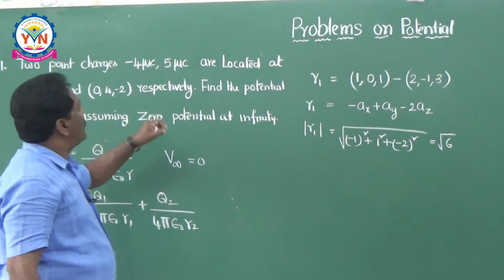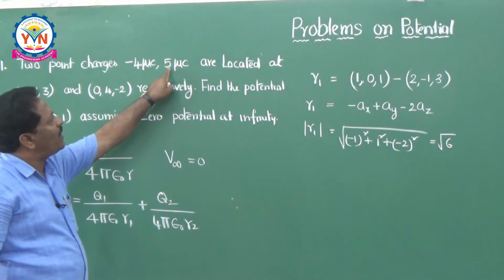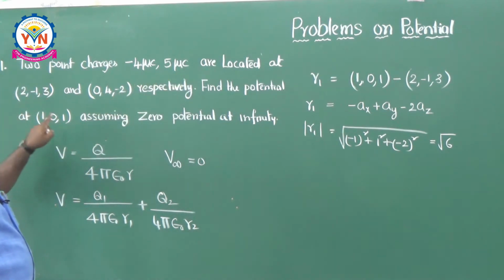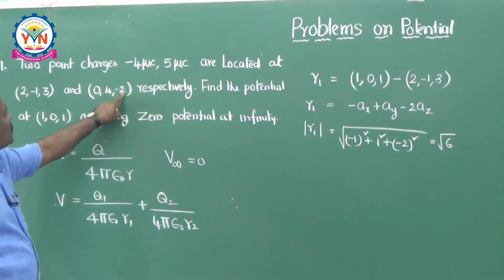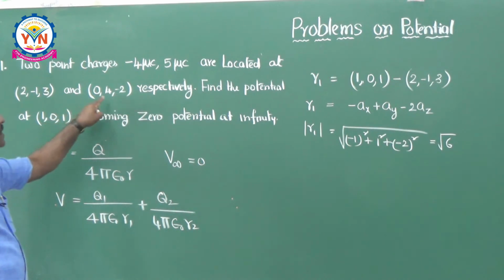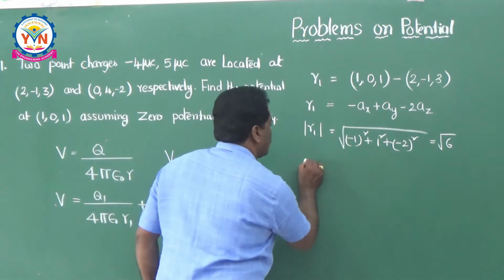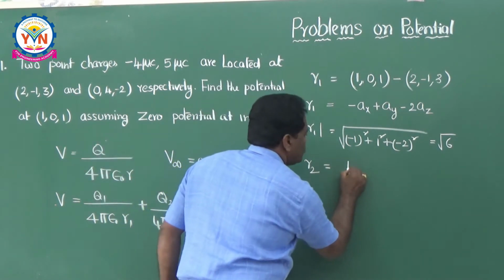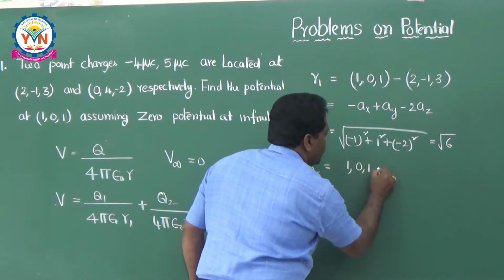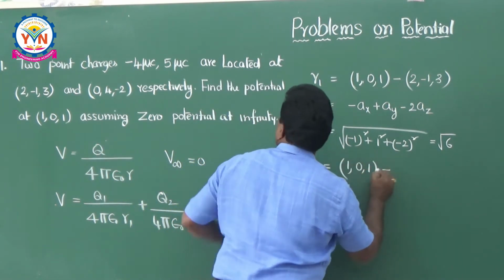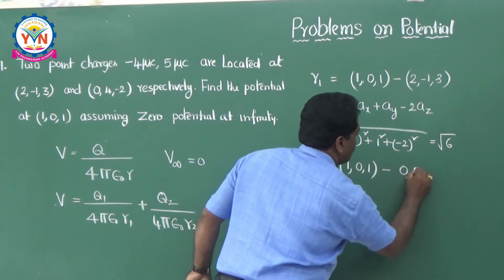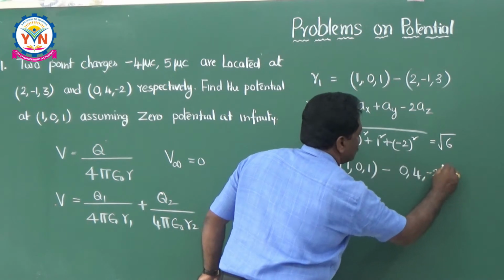Similarly, for the second charge, 5 microcoulombs is at (0, 4, -2). Therefore, what is the distance here, R2? R2 is equal to (1, 0, 1) minus the second charge located at (0, 4, -2).